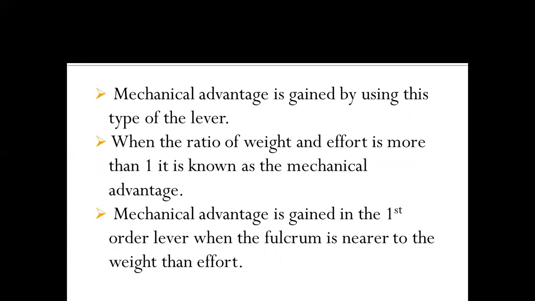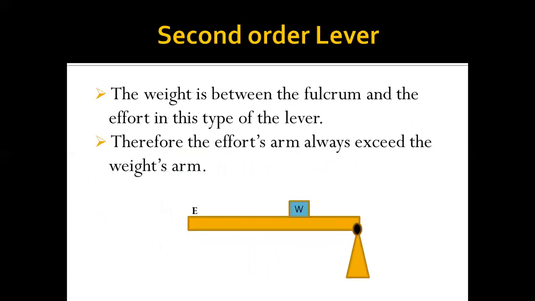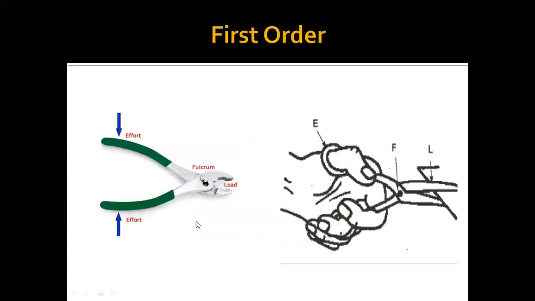Mechanical advantage is gained by using this type of lever. When the ratio of weight and effort is more than 1, it is known as the mechanical advantage. Mechanical advantage is gained in the first order lever when the fulcrum is nearer to the weight than effort. So, as we can see here, if the fulcrum is situated near to the weight, then there would be mechanical advantage in the first order lever.